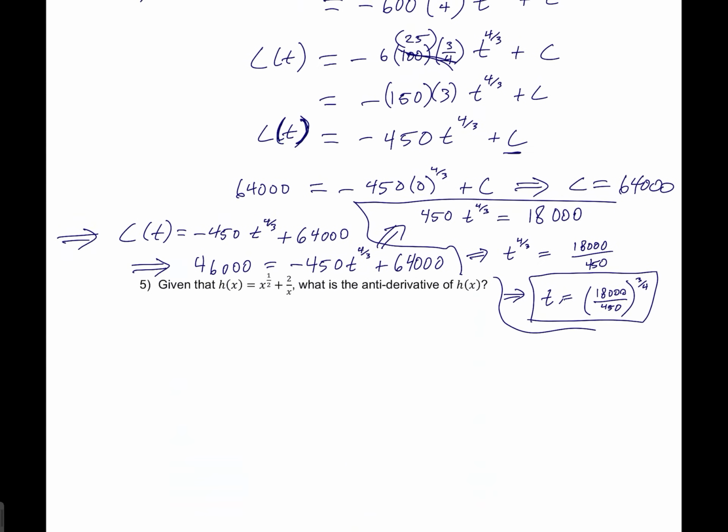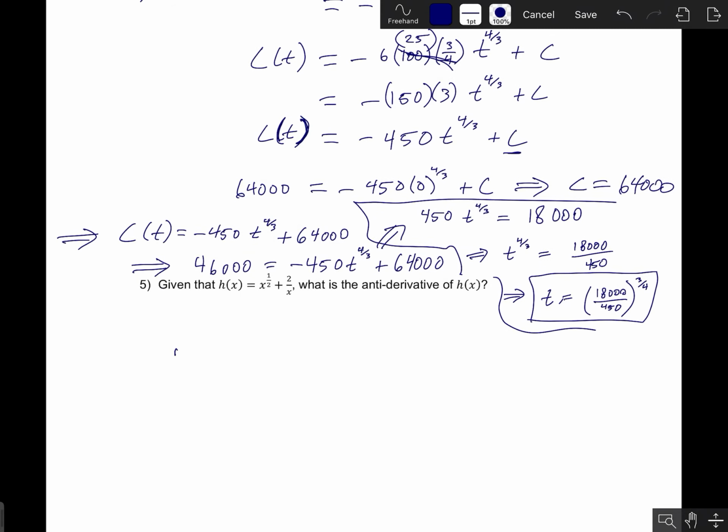So next, we are given a particular value for h, and we want to know the antiderivative of h. So this is the same thing as just asking what is the antiderivative of x to the 1/2 plus 2 over x dx.